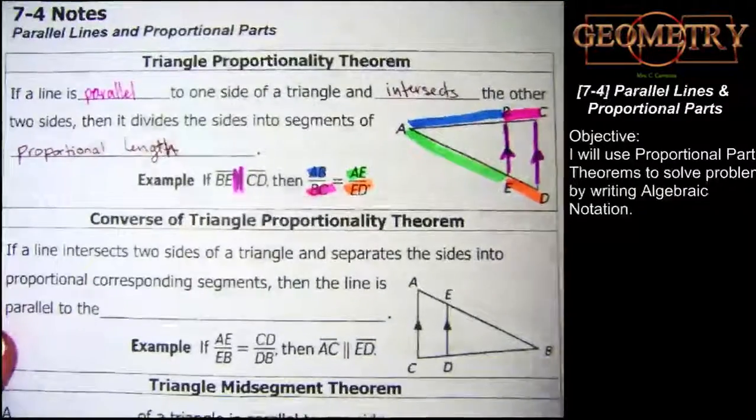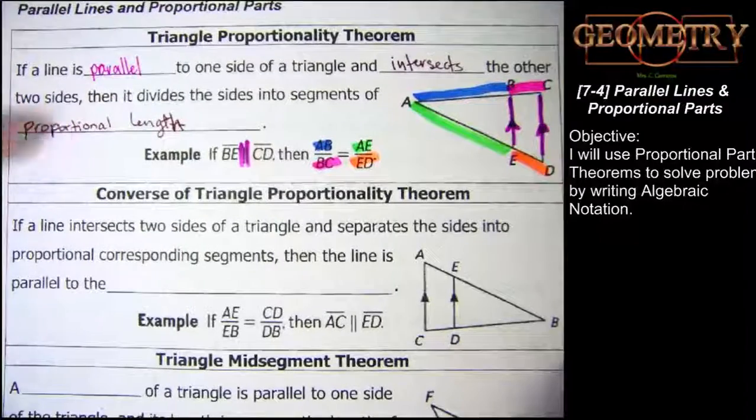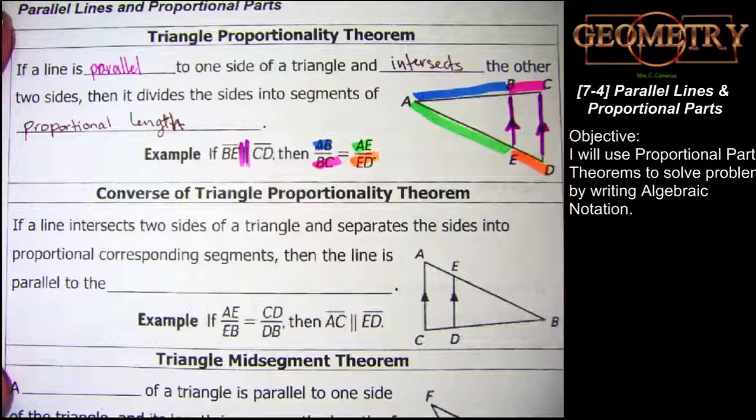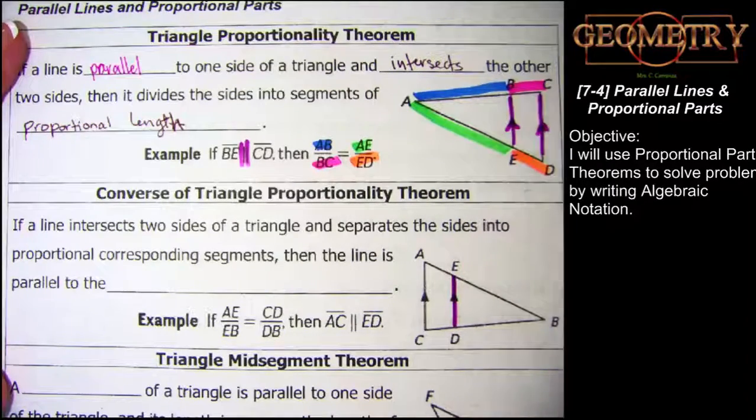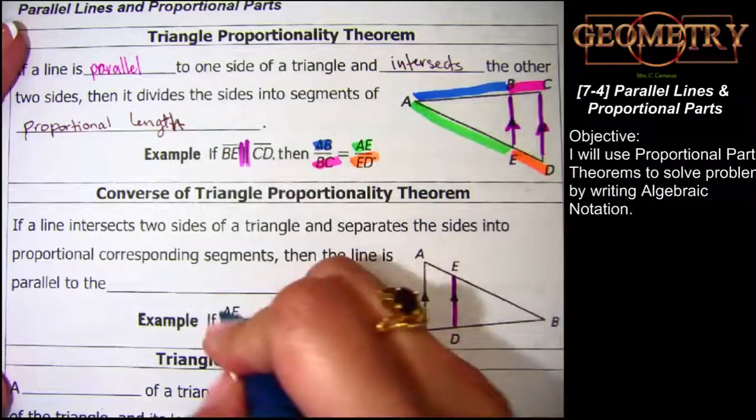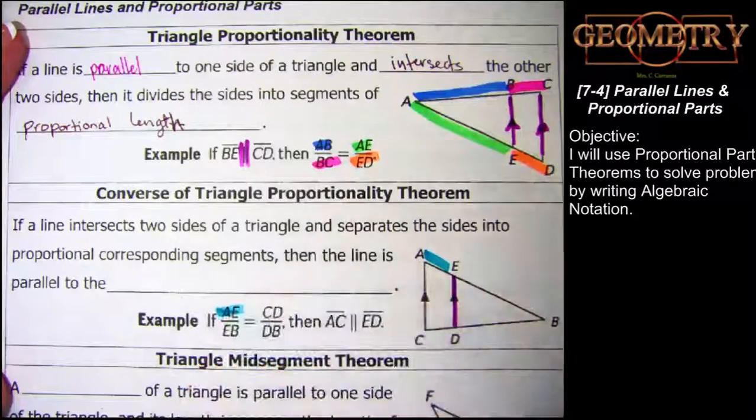The converse of the triangle proportionality starts with a triangle and has a line that intersects them. And this line intersects them such that we can create a proportion.